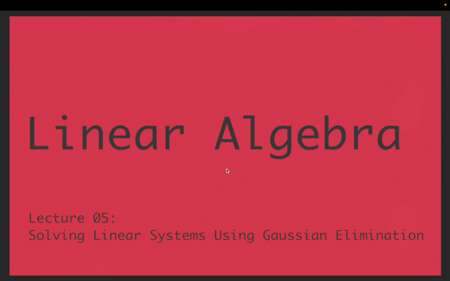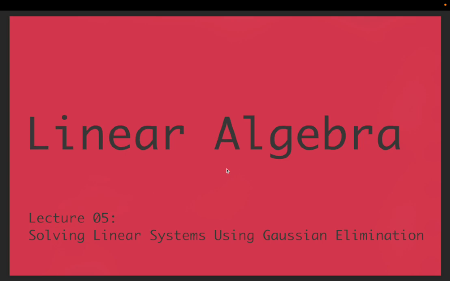This will be lecture 5 of the course, and in this section we're going to shift gears slightly and start talking about linear systems. So we'll have a collection of lectures here that are going to revolve around linear systems.